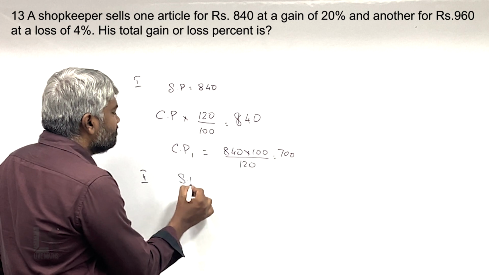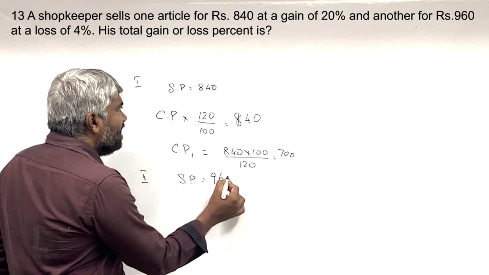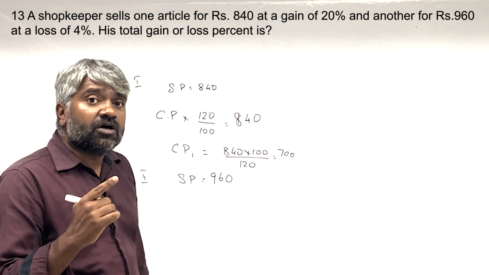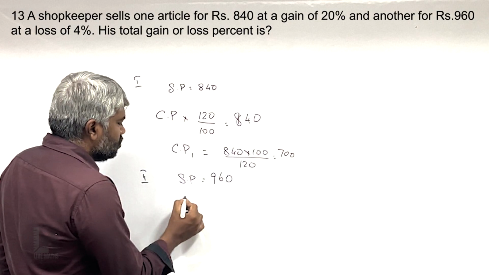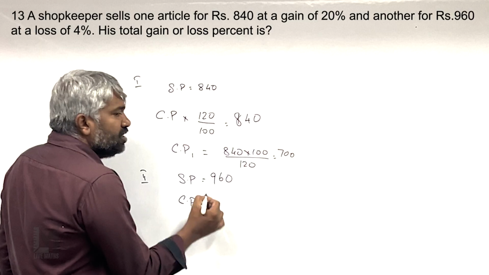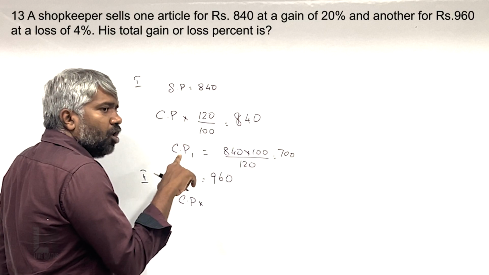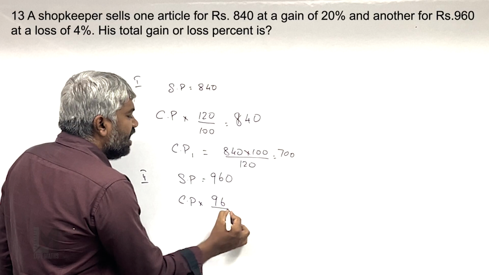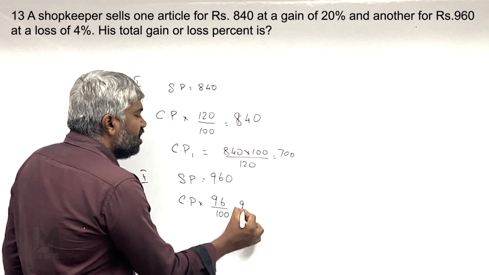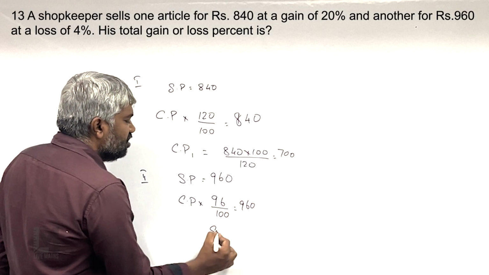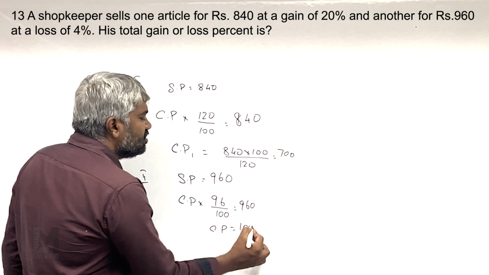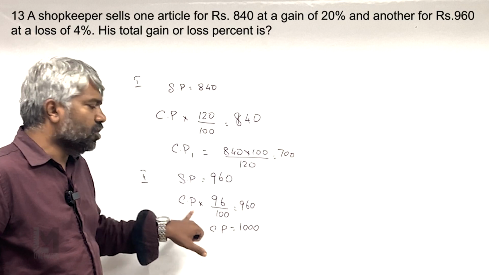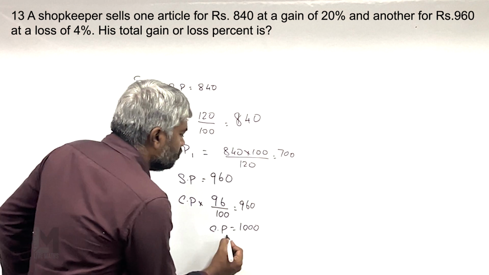The selling price of the second product is 960 rupees. In this case, the shopkeeper is facing a loss of 4%. So, when finding the cost price for loss, you should subtract the loss percentage from 100, which is 96 by 100 equals 960. Then cost price of the second product is 1000.